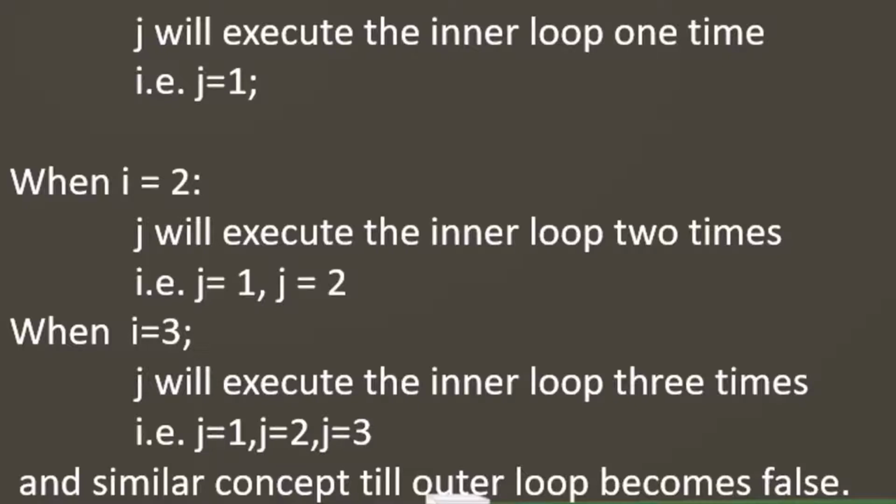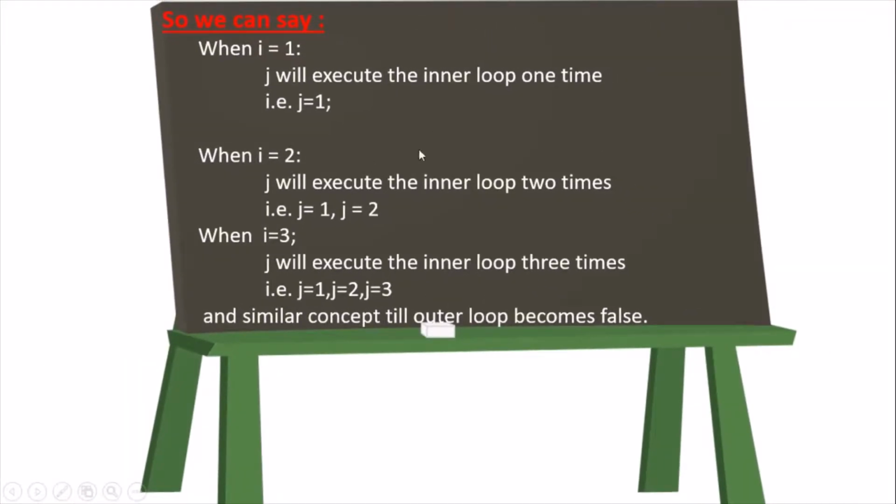That means for our example, the inner loop condition depends on the outer loop, isn't it? So let's take the example in practicals, and we will see how it works and what the output will be in our practical labs.